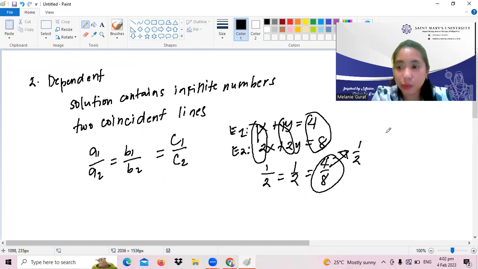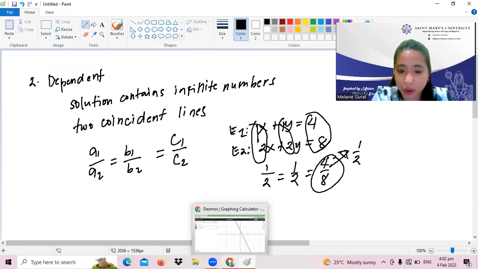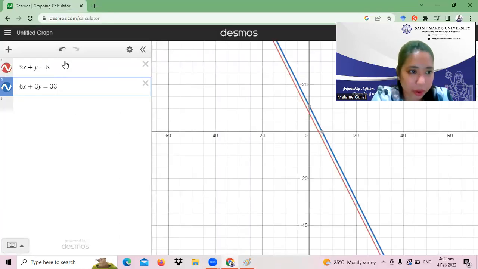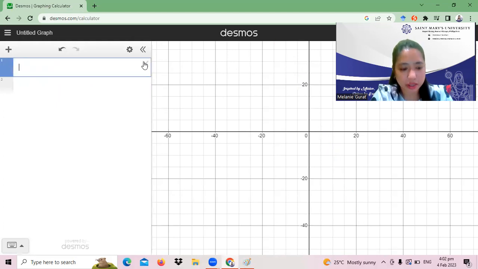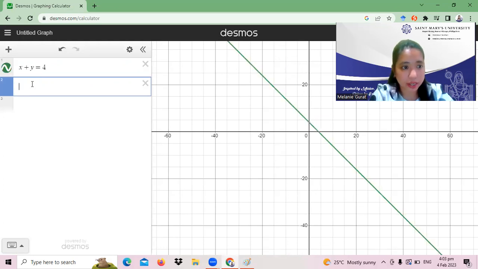So we can see here that our ratios are all equal. To verify or just to visualize this, we are going to consider again our calculator. So let's place the equation. x plus y is equal to 4. And the second equation is 2x plus 2y is equal to 8.